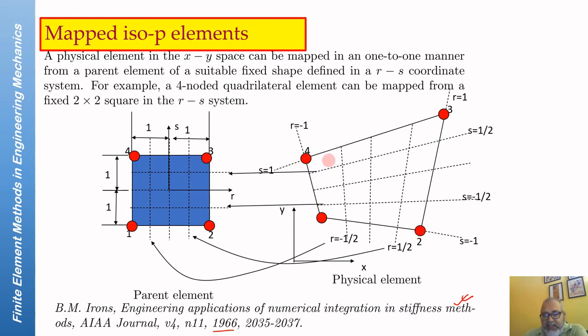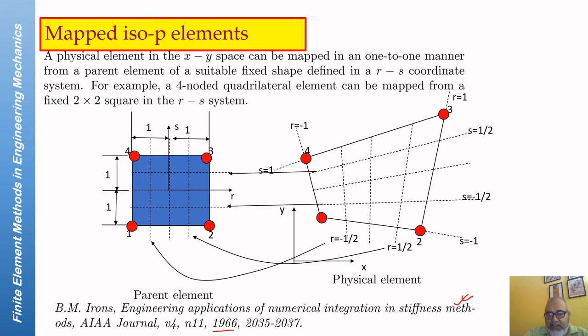So this is a stretched, compressed and distorted version of this standard parent element, and it will turn out that for many cases like quadrilaterals, hexahedrons, tetrahedrons and triangles, we can easily design a standard parent from which we will generate the physical elements.